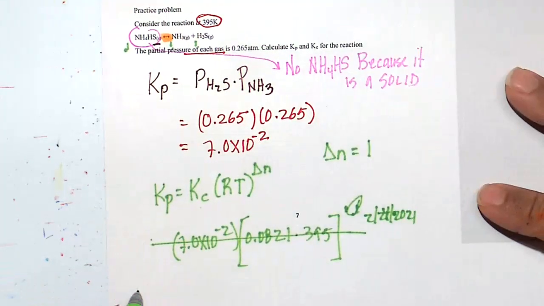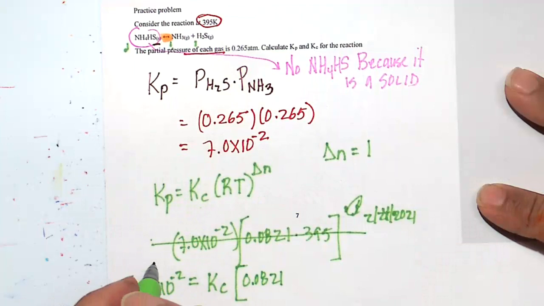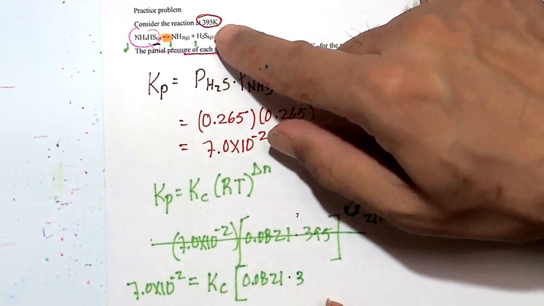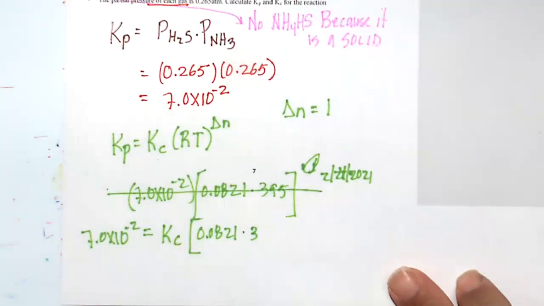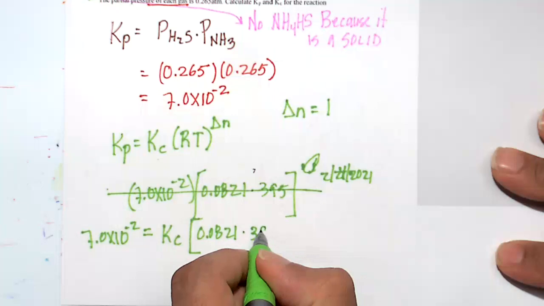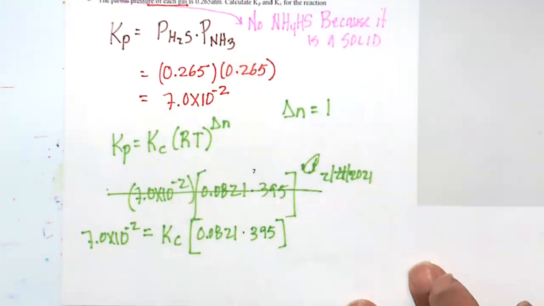So Kp, 7.0 times 10 to the minus 2, equals Kc times 0.0821 times 395, all raised to the 1 power.